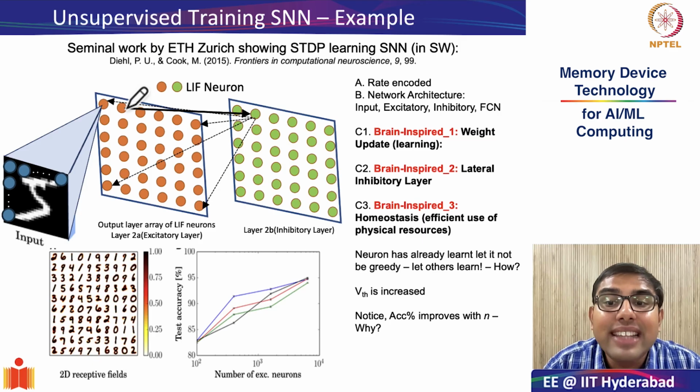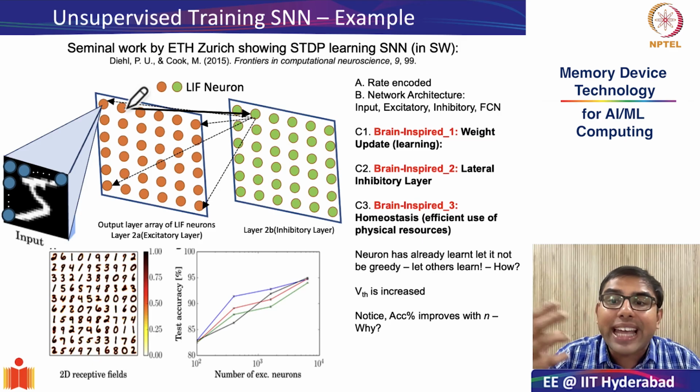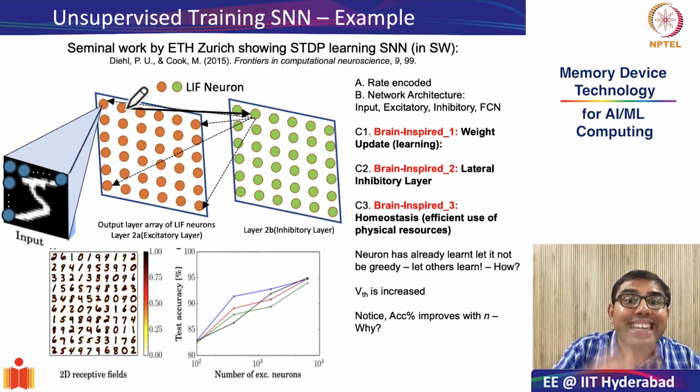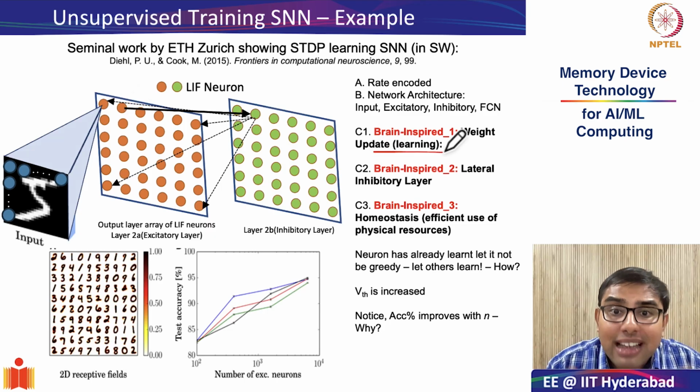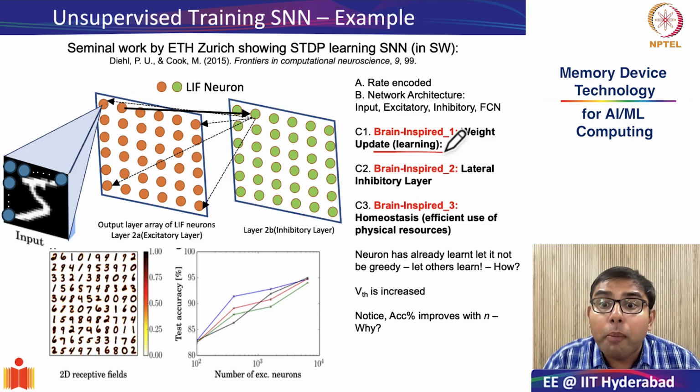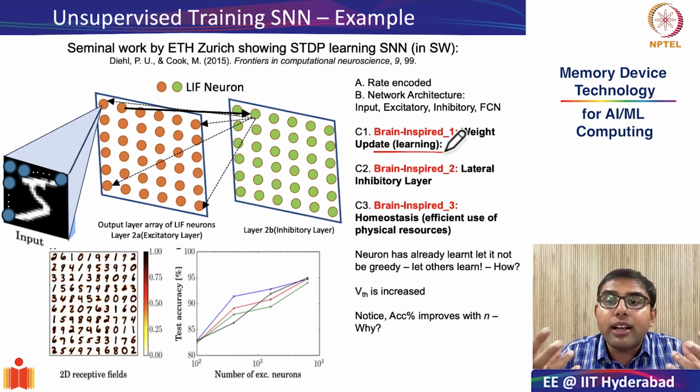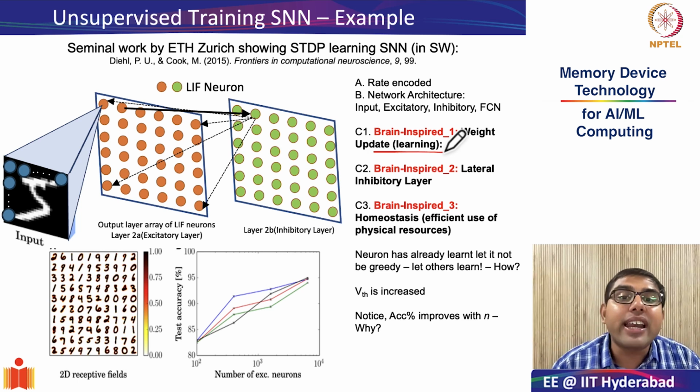To prevent this effect, this homeostatic mechanism is introduced, like we discussed earlier, in the weight update mechanism, but also between training cycles. And how this is done is that once a particular neuron learns, it increases its firing threshold.